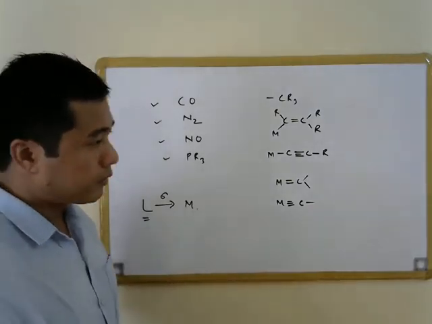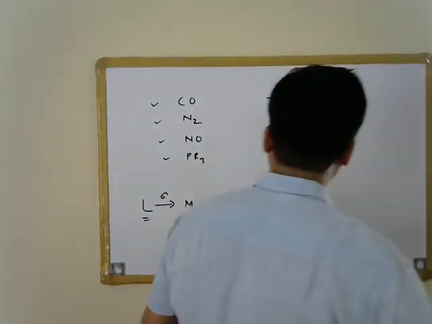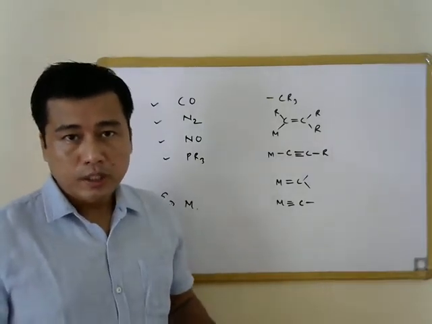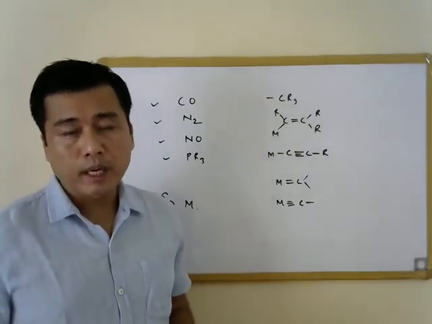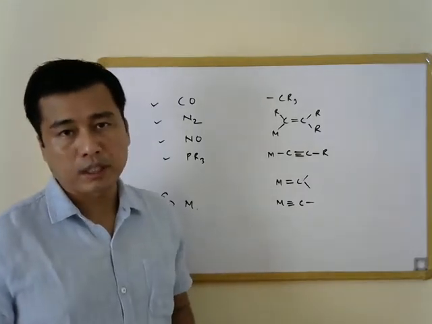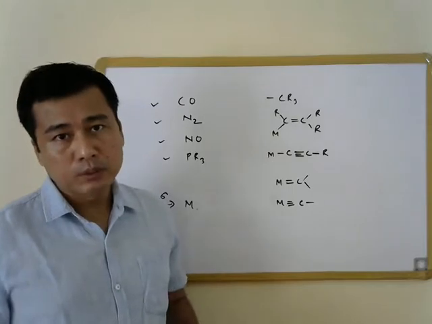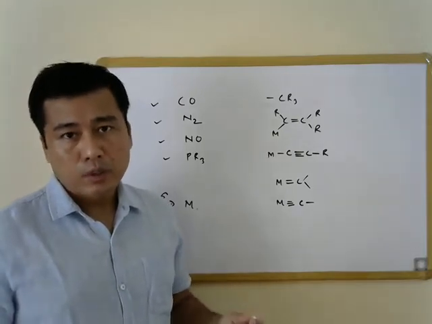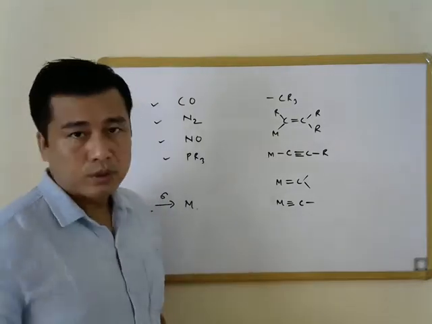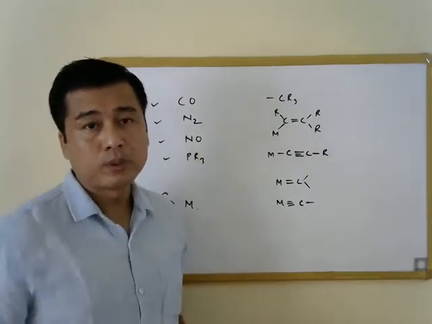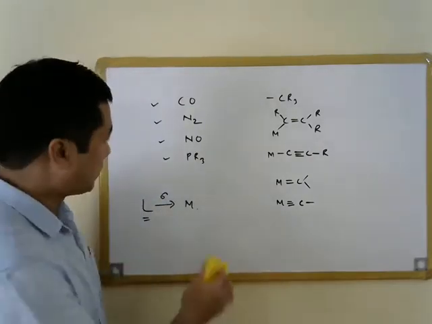So we will now deviate our discussion from such ligands and discuss ligands which use a pi-type orbital to donate electrons to the metal center. The ligand uses one of its pi bonding orbitals to donate electrons to metal empty orbitals.